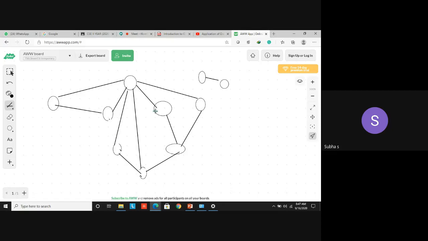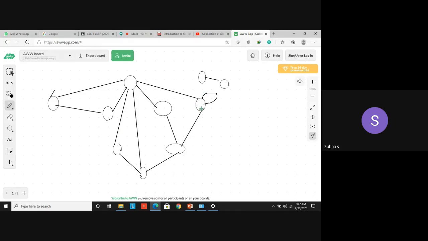There is a self loop in a graph. That means I can connect this node to itself. Suppose this node I connect, that means the node is pointing to itself.